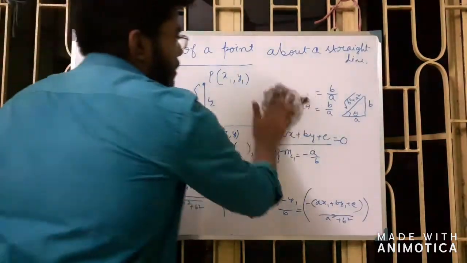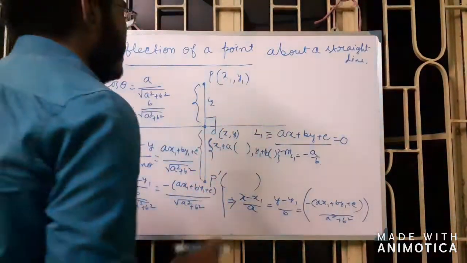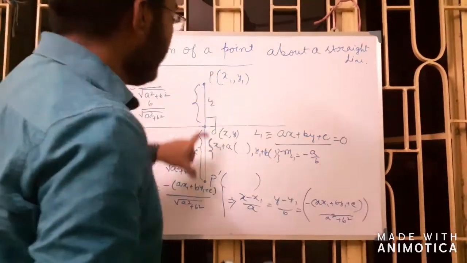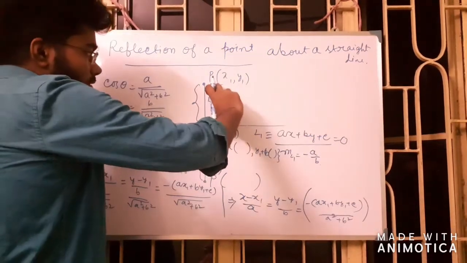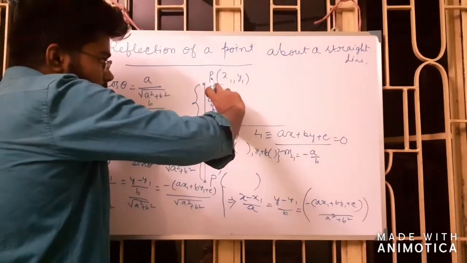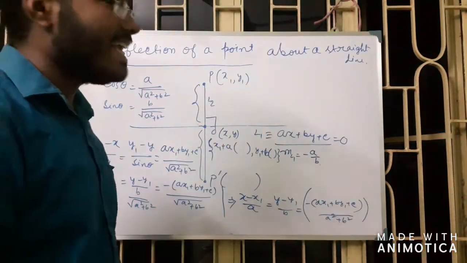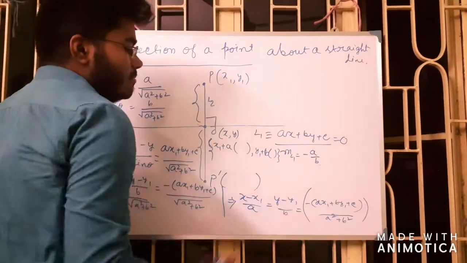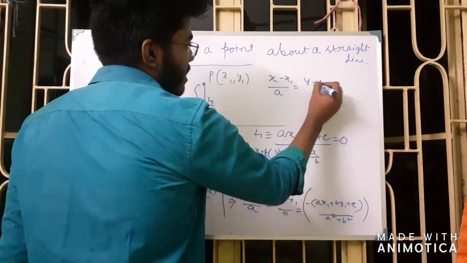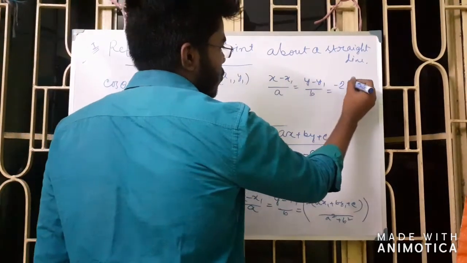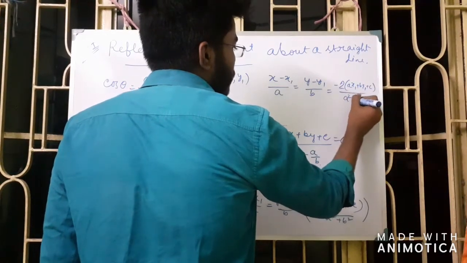Now we have to find out P'. Now just think, if this is a reflection of this point, what does that mean? That means this length and this length are the same, so we multiply this by 2. So the equation will be this, equal to minus 2 into (ax1 + by1 + c) upon a square plus b square.